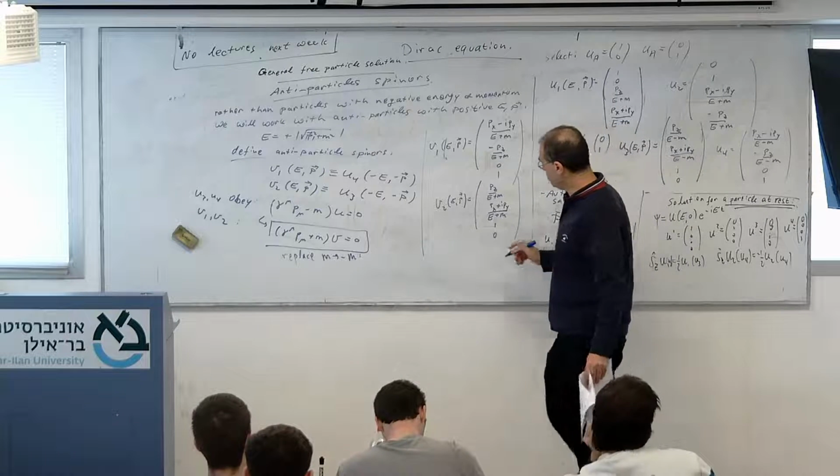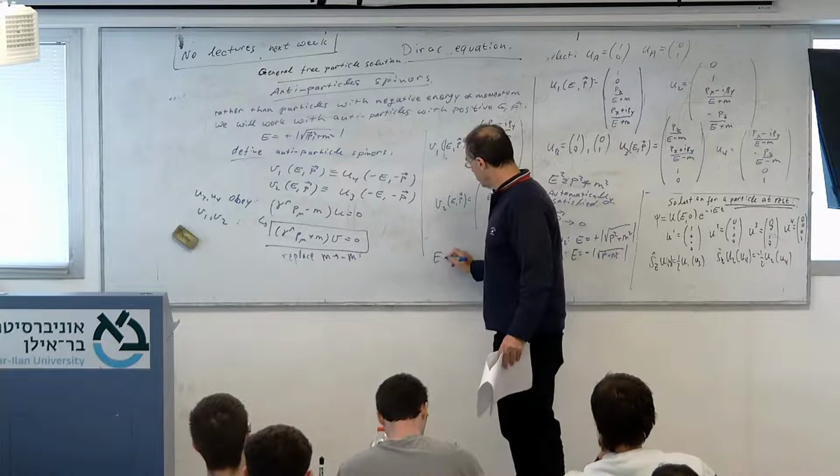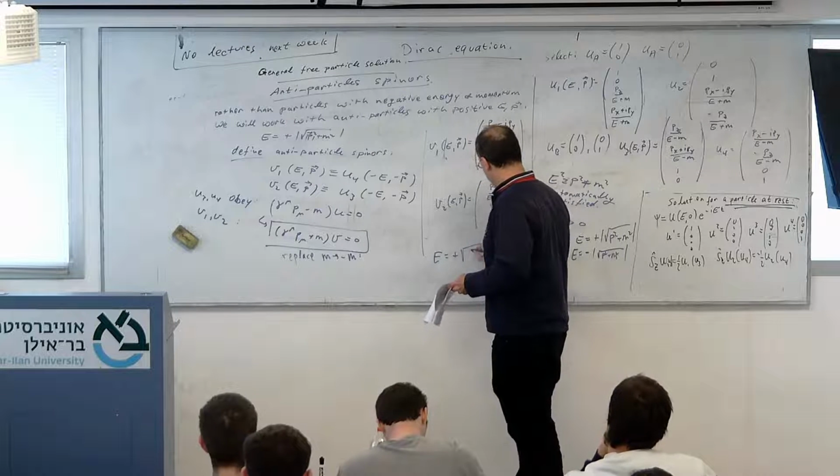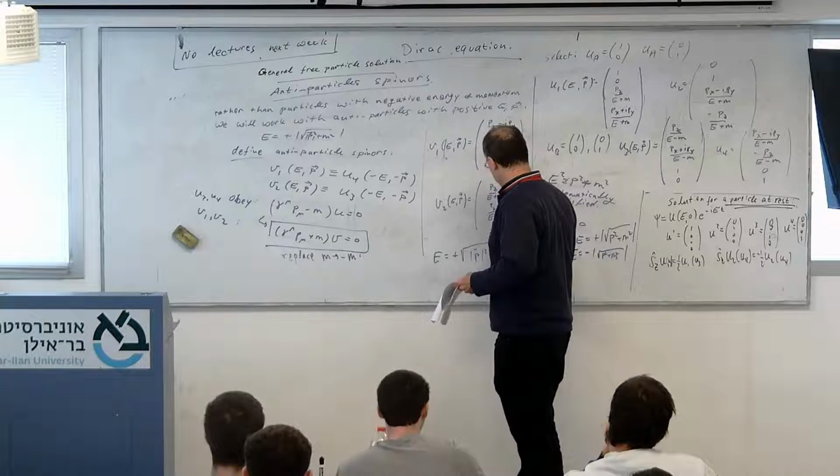And of course now e is a positive square root of p squared plus m squared.